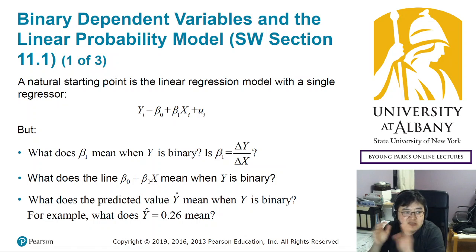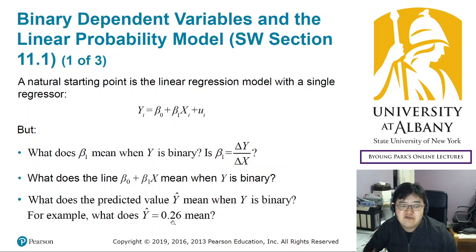And usually acceptance is encoded as 1 and denial is encoded as 0. So it's 0, 1, 0, 1 data, and y can take only two possible numbers, 0 and 1. But your predicted value is not one of them. Your prediction is 0.26. It's neither denial nor acceptance.